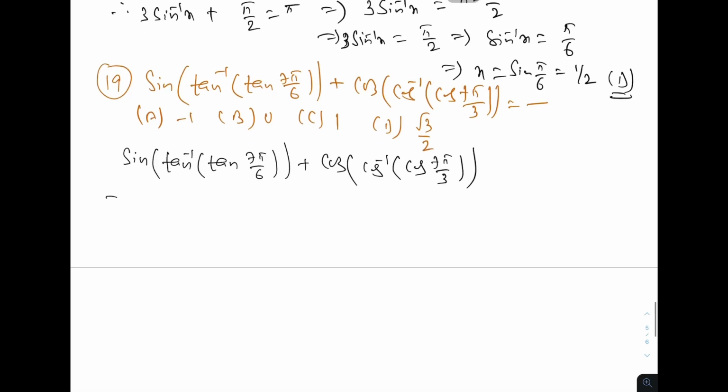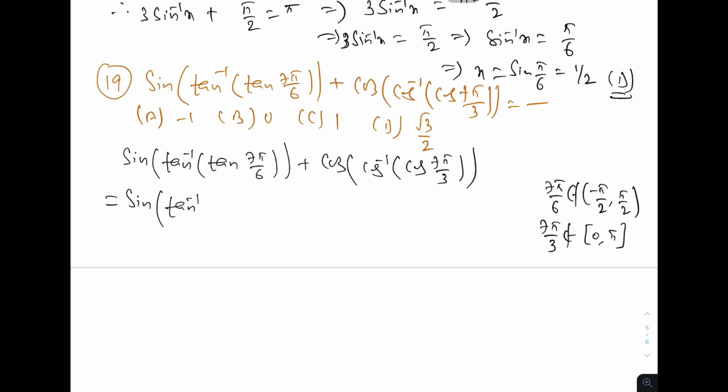First of all, we cannot write directly here because 7 pi by 6 is not in the range of tan inverse, that is minus pi by 2 to pi by 2. Similarly, 7 pi by 3 is again not in the range of 0 to pi, that is the range of cosine inverse. So we cannot write directly, we need to do the work here.